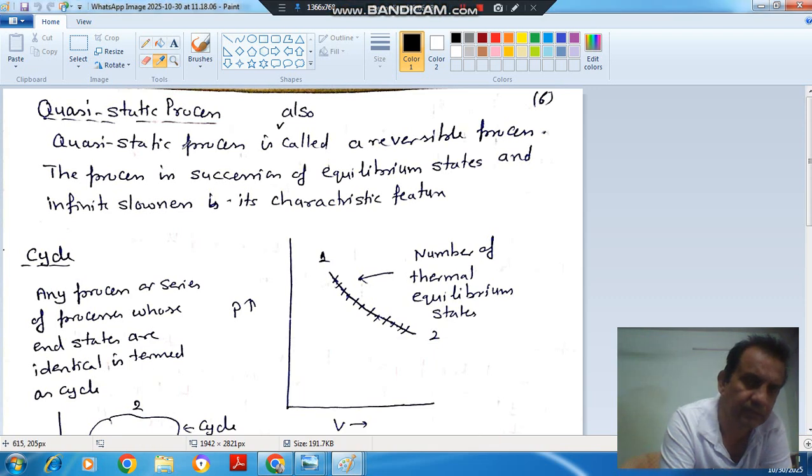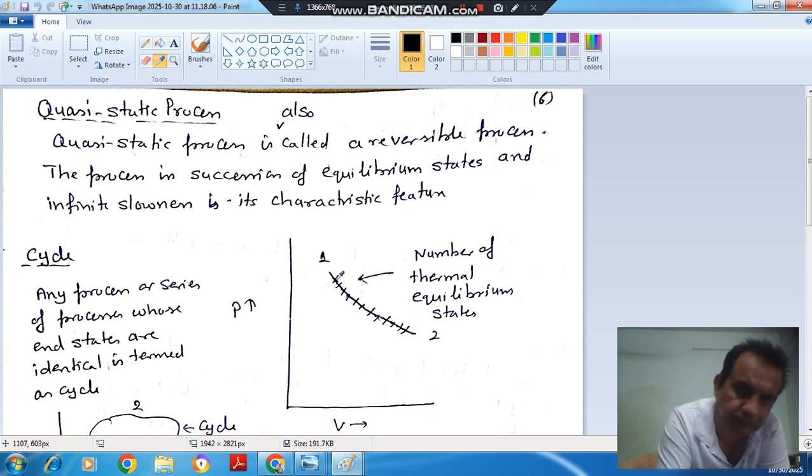And the next and most important process in thermodynamics is the quasi-static process. The quasi-static process is also called a reversible process. It is a process in a succession of equilibrium states, and infinite slowness is its characteristic feature.